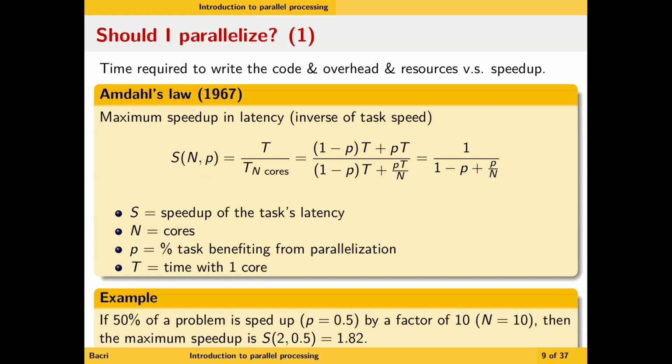P is the part of your task that can benefit from being parallelized. So this will be very different on different problems. Suppose that you have the very good situation, like the car simulation or something, where if you want to do a Monte Carlo simulation, I guess the entire thing could be parallelized, so P would be 1. Okay. So there must be a little bit of administration at least.